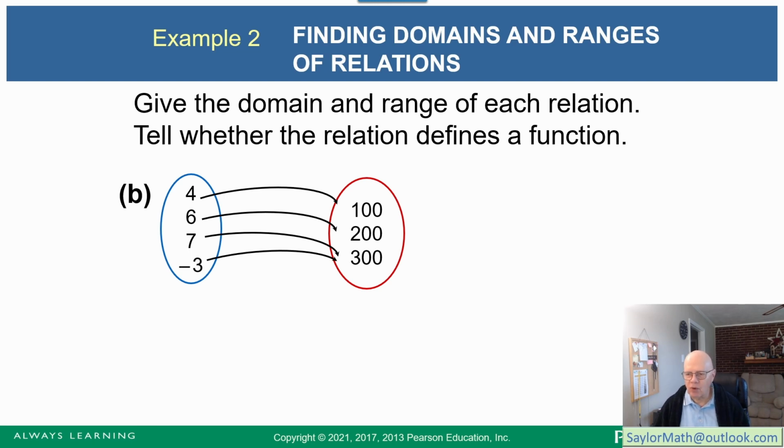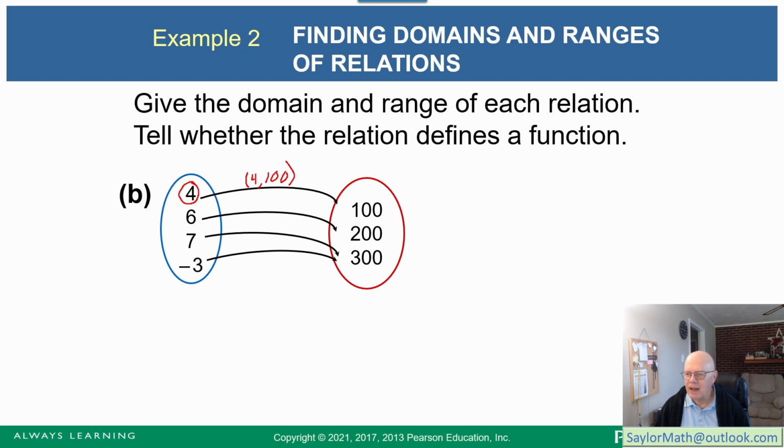Domain and range on this one. This is just like ordered pairs. This first one corresponds to 4, 100. Second one, 6, 200, and so on. Is it a function? Ask yourself, if you pick any of these numbers over here, for example, a 4, how many numbers over here is it matched with?